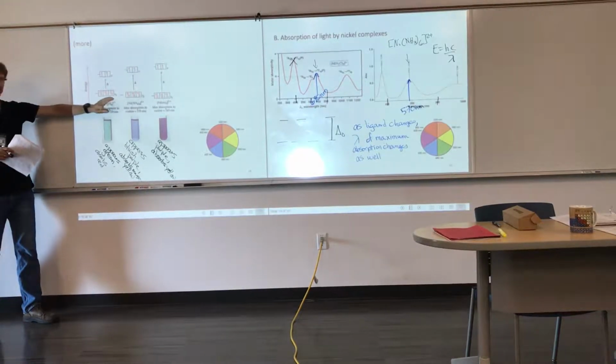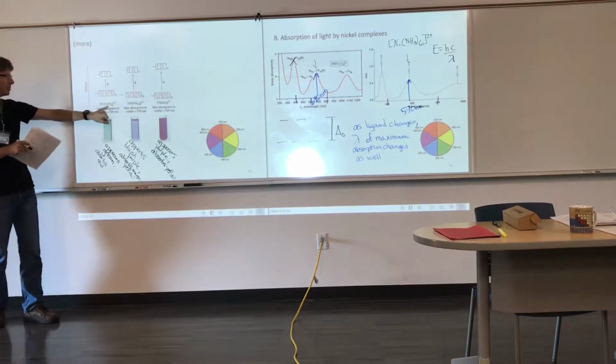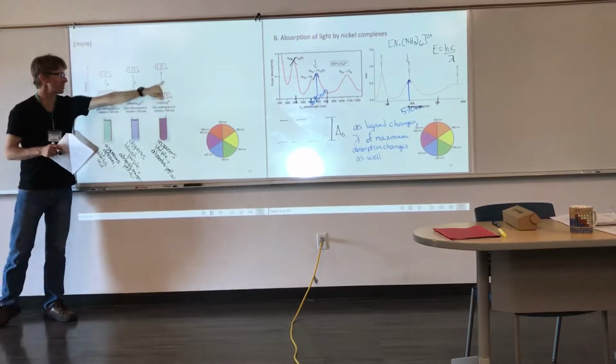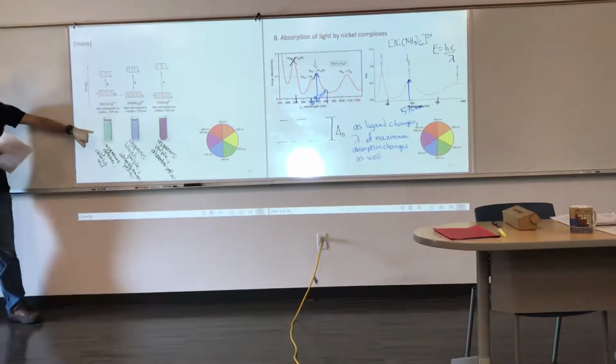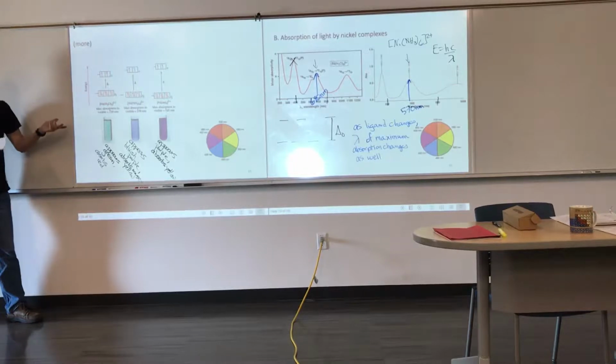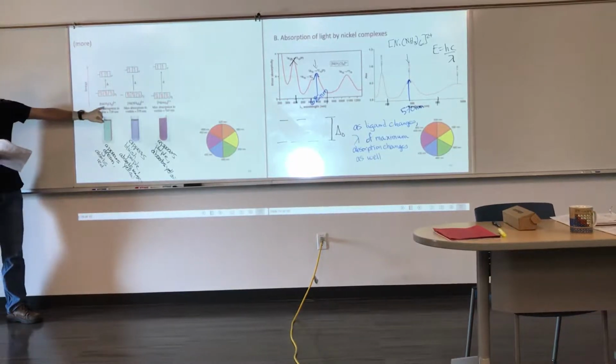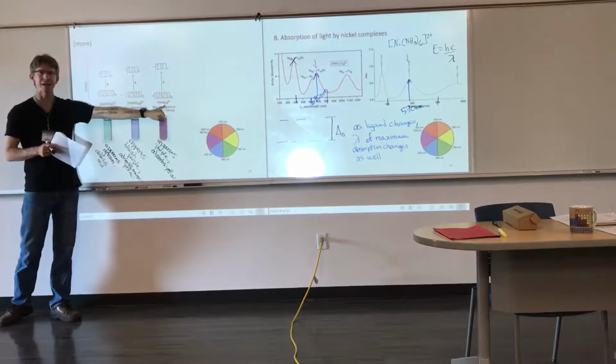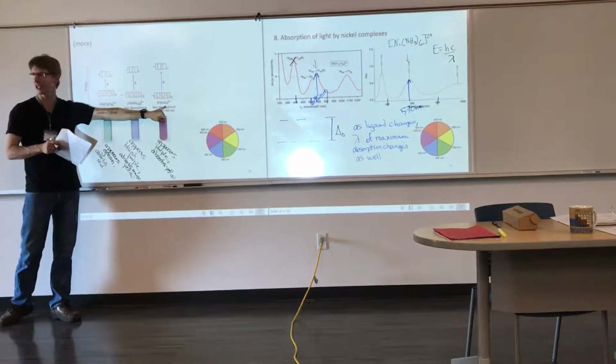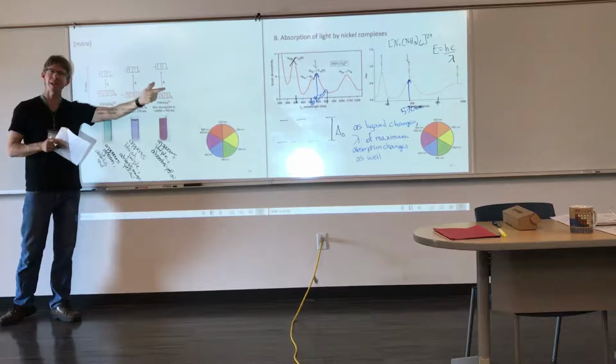So then we're getting to this idea that when the ligand changes, you get different delta values, and you can observe that with the colors. And that's what you did in lab. You actually changed from nickel with waters as ligands to nickel with ethylene diamines as ligands, and you should have seen that change in color and absorption.